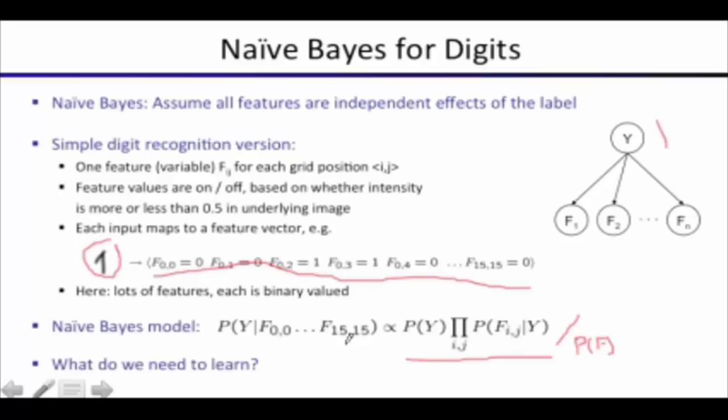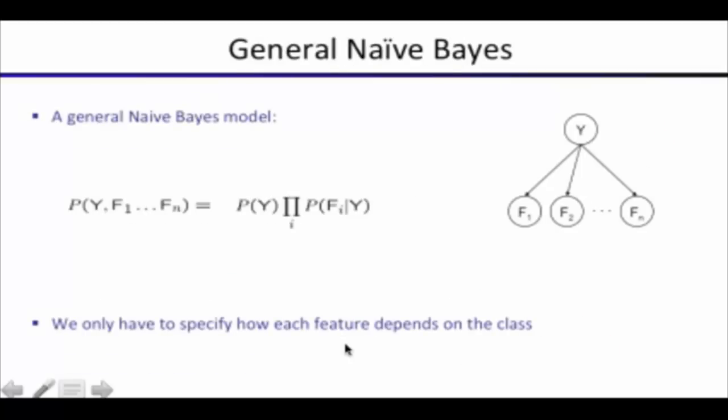So what do we need to learn? In general, let's treat this generally. We're going to have to learn this probability here. We're going to have a prior probability for each of the different categories. What is the probability that a random email is spam or ham?